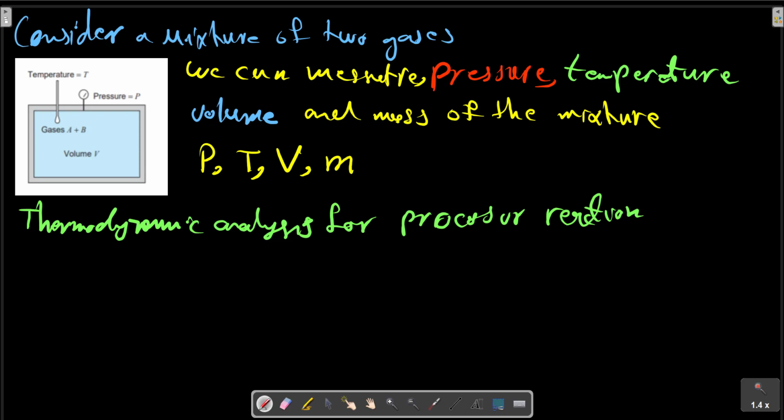One exception to this procedure is the case where a particular mixture is encountered very frequently. The most familiar is air, for which tables and charts of thermodynamic properties are available.